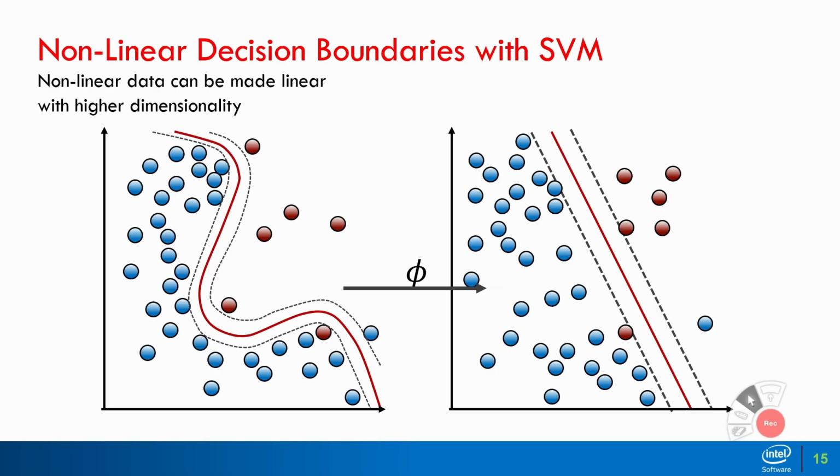A nonlinear curve in the original space can be mapped into a linear line in the transformed space. This transformation forms a higher dimensional space. For example, it transforms two-dimensional space into three or more dimensions to find a linear separation case.